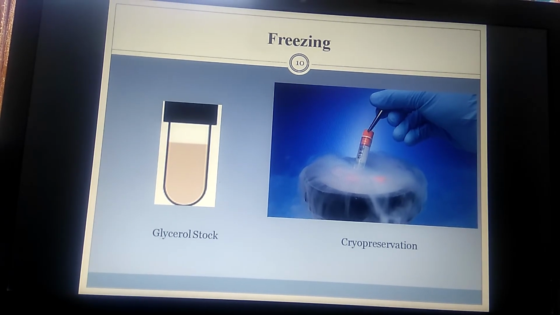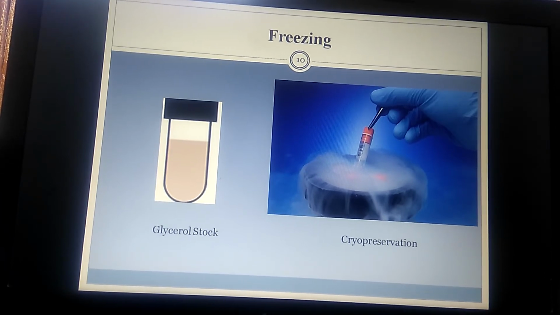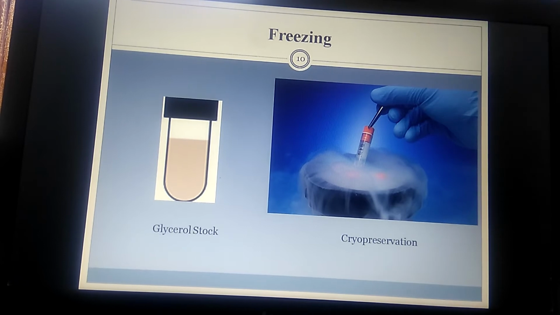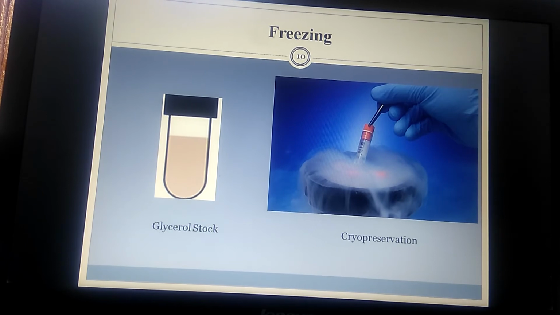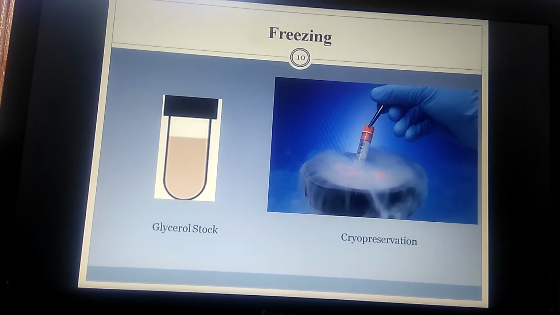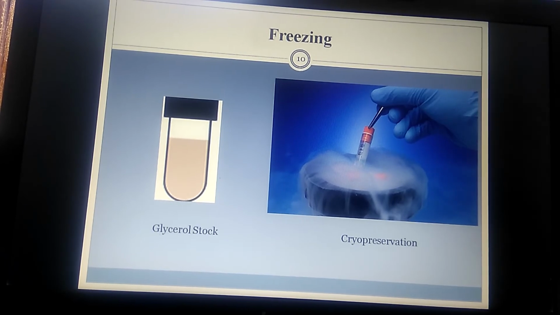So this will help the organisms survive in the colder regions by controlling the ice formation. So the glycerol will stop or control the ice formation, and thereby the salt concentration will be normal, and the organisms will be in viable conditions, not very active, not very replicating conditions. So this can be used.